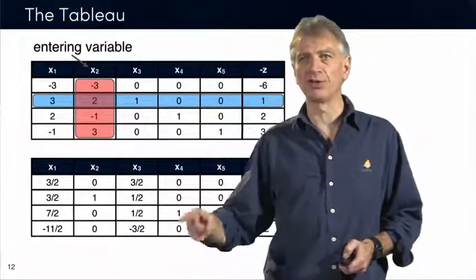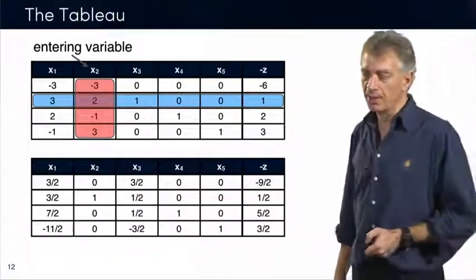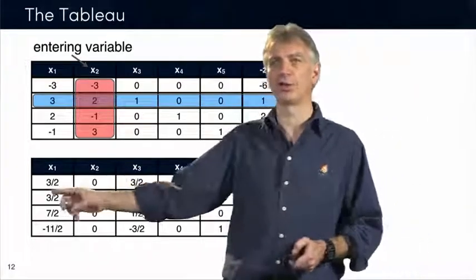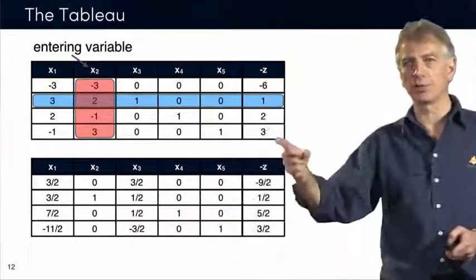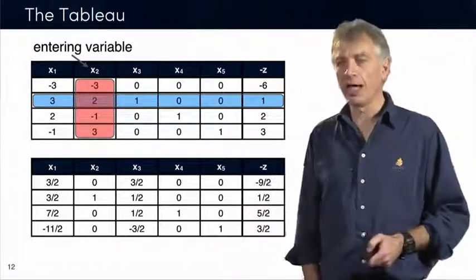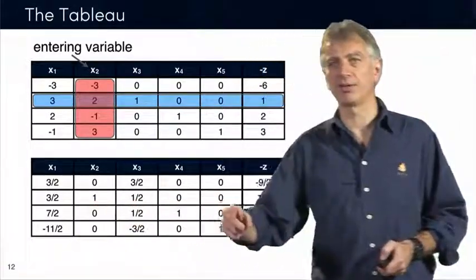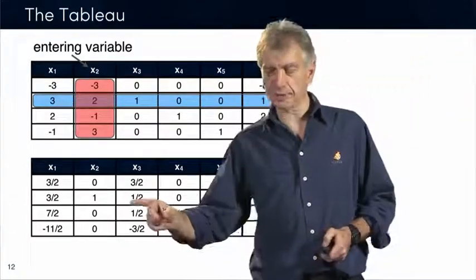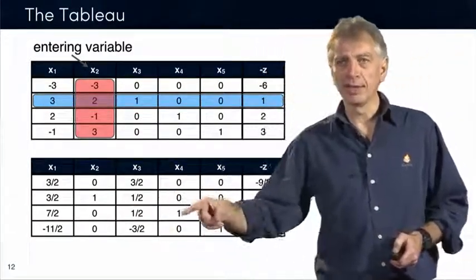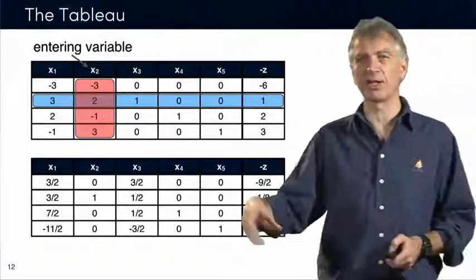You see 0, 1, 0, and then you see 0, 0, 1. This is the basis. You see that some of the columns of this basis are now interleaved with some of the columns of the non-basic variables. And obviously you see the values of the basic variables. x2 now is equal to 3.5. x4 somewhere here is equal to 7.5, and so on.